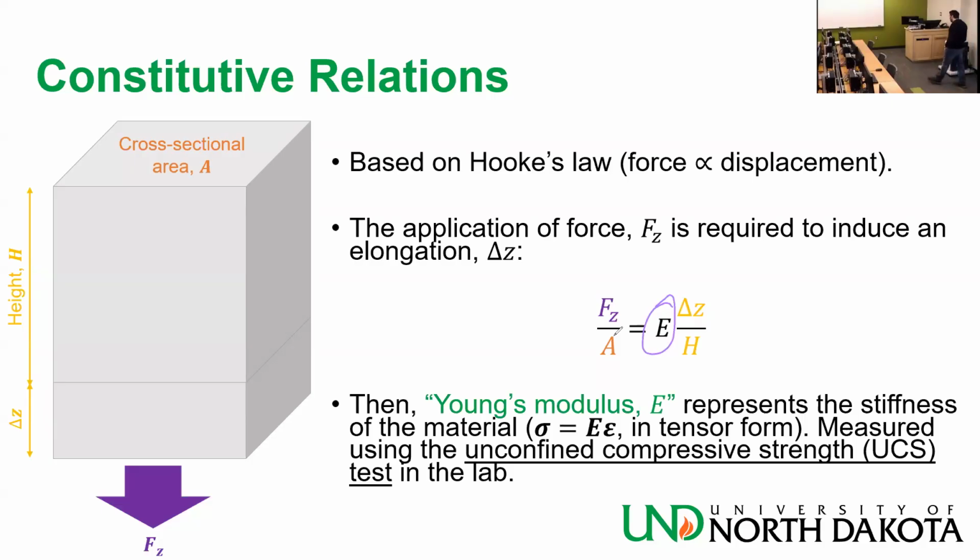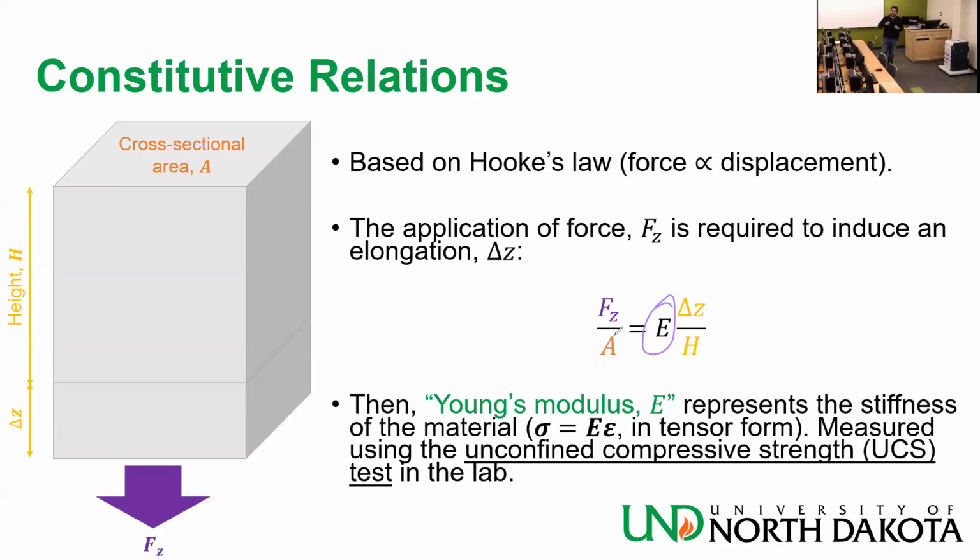Okay, steel behaves like a linearly elastic material, so it has a Young's modulus, and so do rocks. But which do you expect to have the highest Young's modulus? The answer would be steel, because steel is stiffer. So it would have a higher Young's modulus.